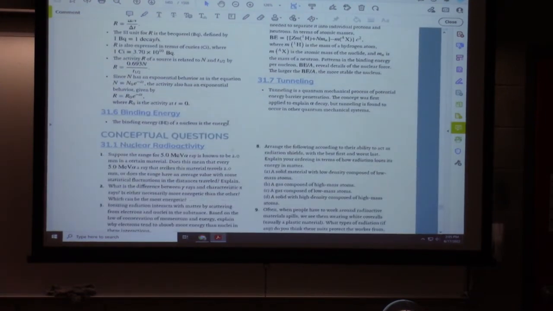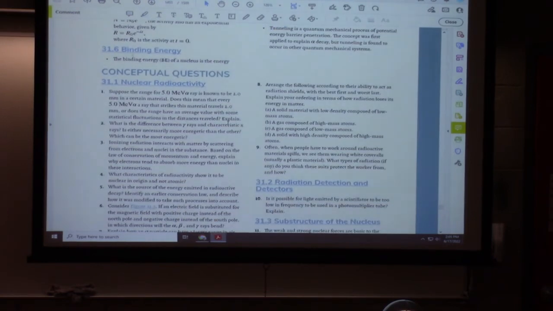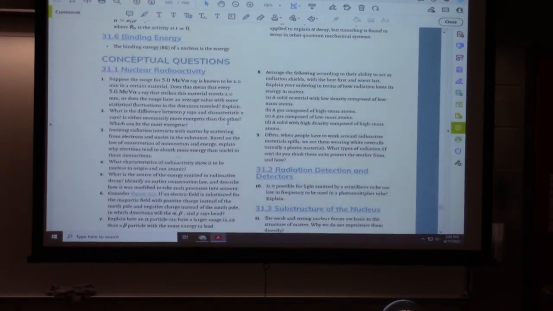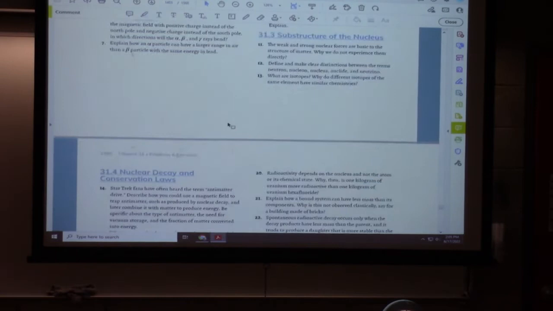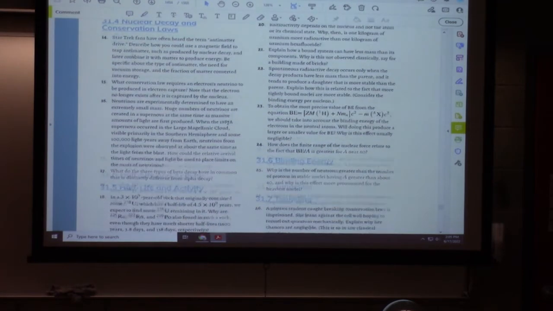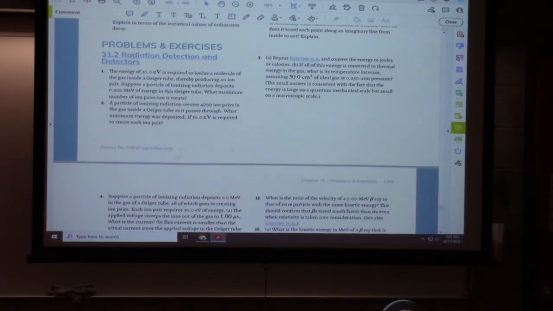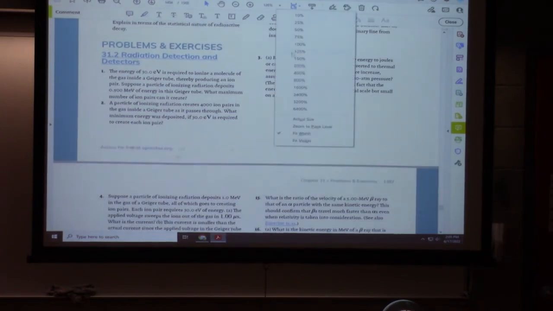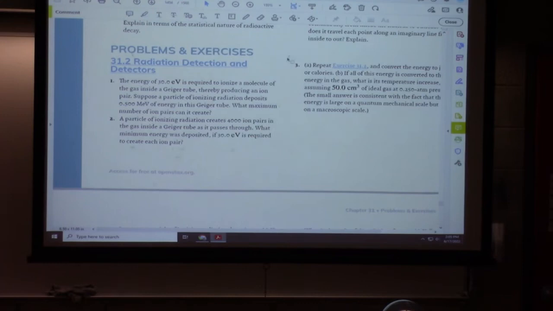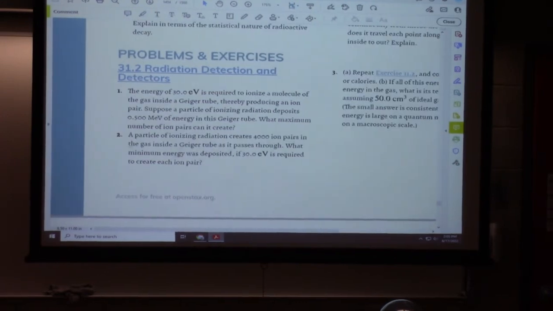So this says conceptual. 2, 3, 4, 5, 6, 7, 8, 9, 10, 11, 12. Ah, there it is. Okay. So problems and exercises. And maybe I'll make it a little bit bigger here and let it show up here on the screen. And we'll start way back with our Geiger counter.